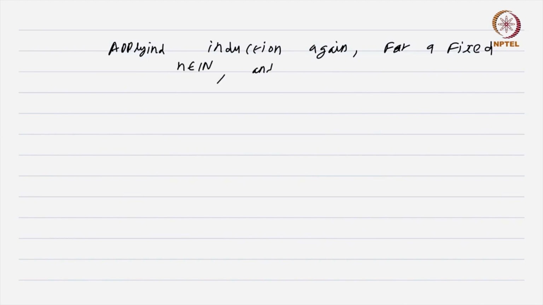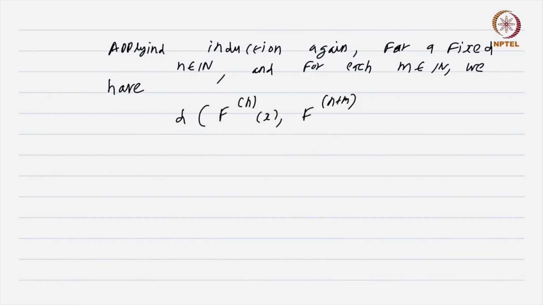So we apply induction again, for a fixed n in N, and for each m in N, we have d(f^n x, f^(n+m) x) is less than or equal to c^n d(f^m x, x).